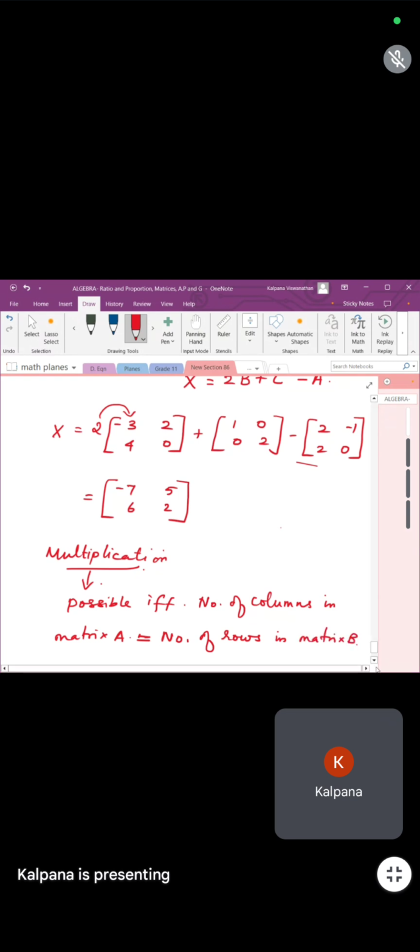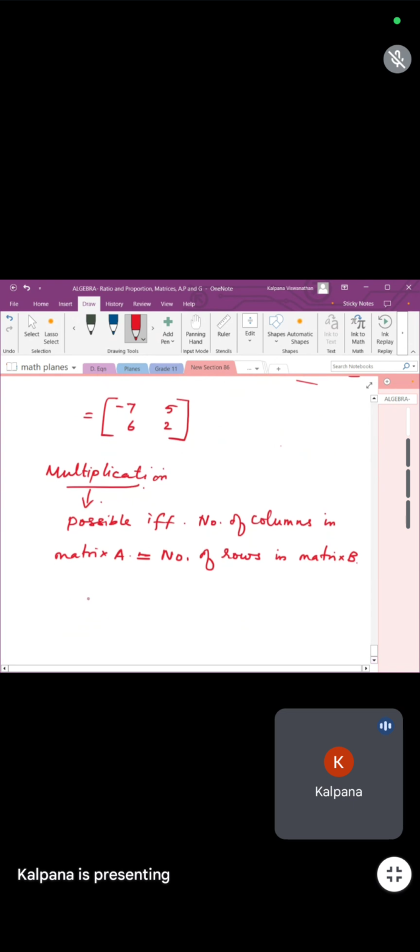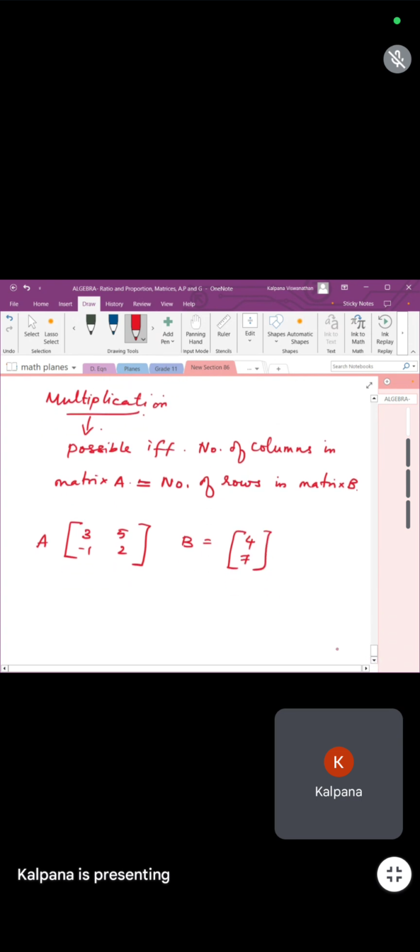So if I give a matrix A like 3, 5, minus 1, 2, and matrix B as a 4 and 7 column matrix, is multiplication possible? Yes, miss.